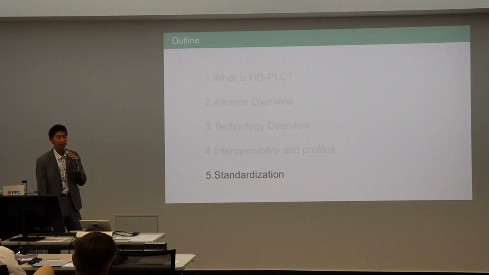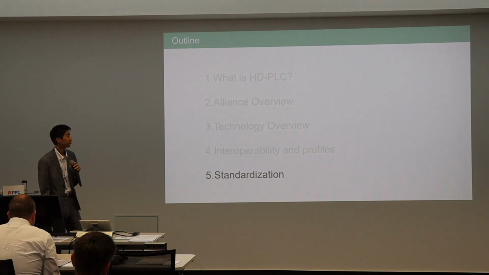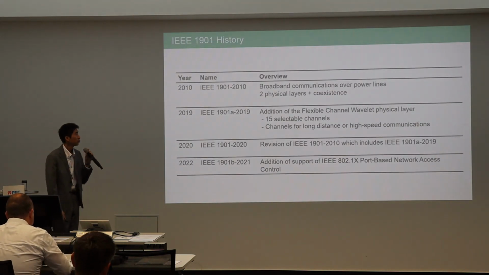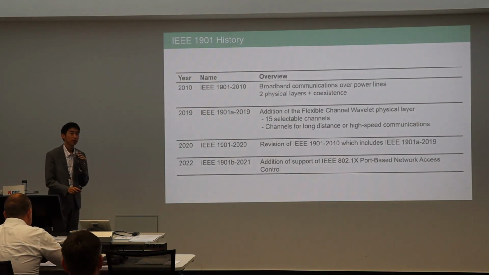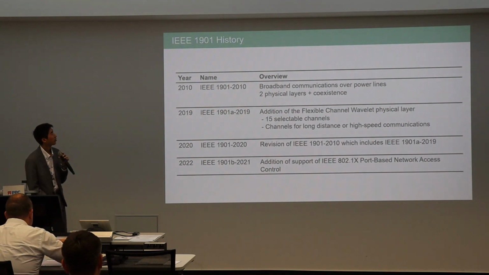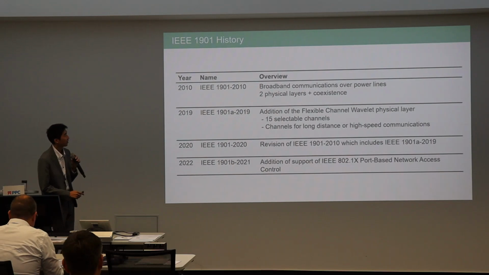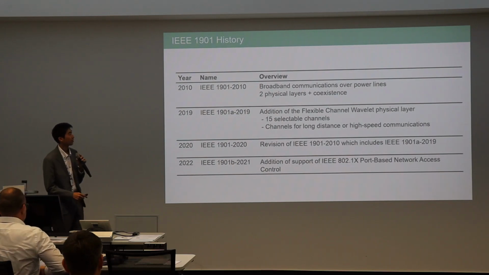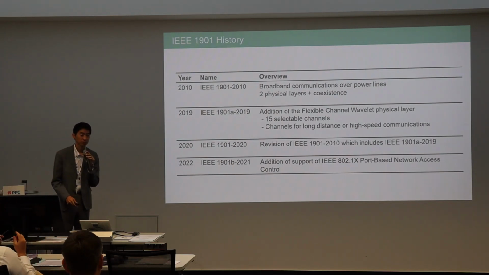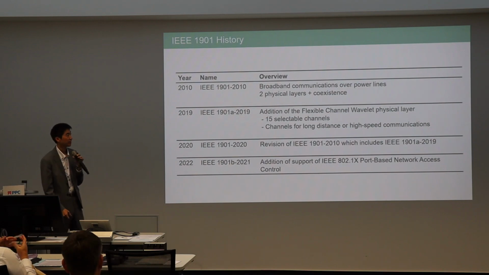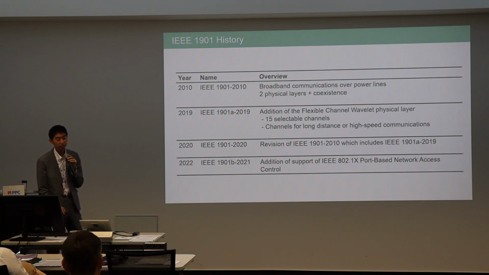The last topic is standardization. This slide shows the overview of IEEE 9001 history. In 2010, two physical layers and a coexistence method for broadband PLC were standardized. Nine years later, the frequency band selection feature was adopted as 9001A.